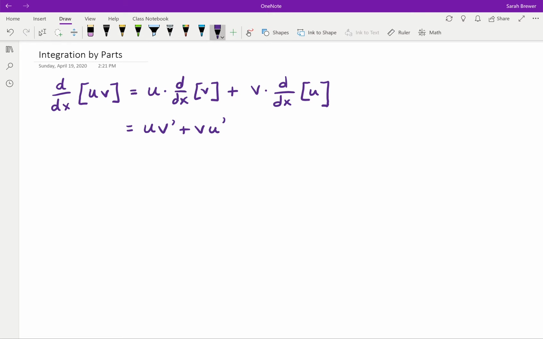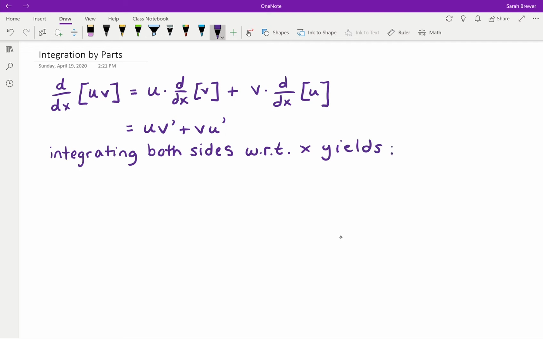Okay, so if I rewrite in such a way so that I can integrate both sides with respect to x, that's going to yield that u times v is equal to, since the integral of a sum is the sum of the integrals, the integral of u v prime dx plus the integral of v u prime dx.